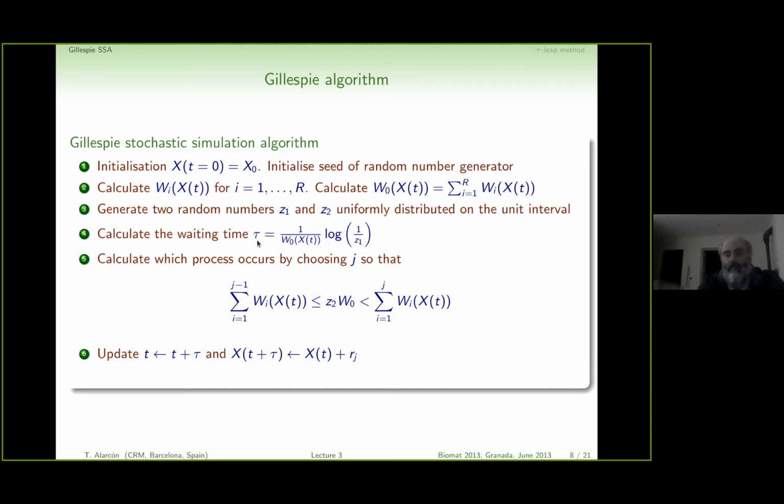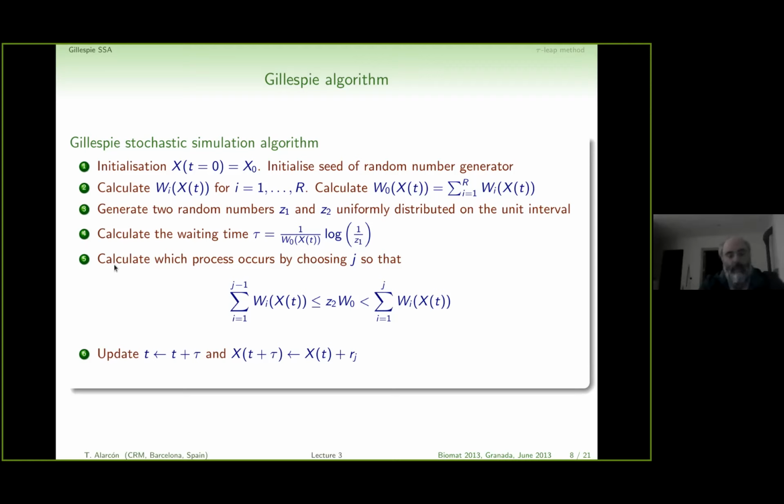For example, if you're using MATLAB, you can just use whatever sampling algorithm they have to sample the exponential distribution, but you can also just program it directly using this formula.